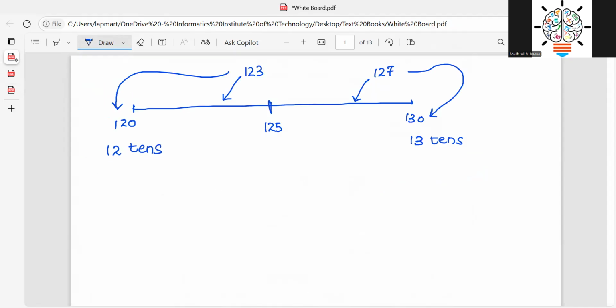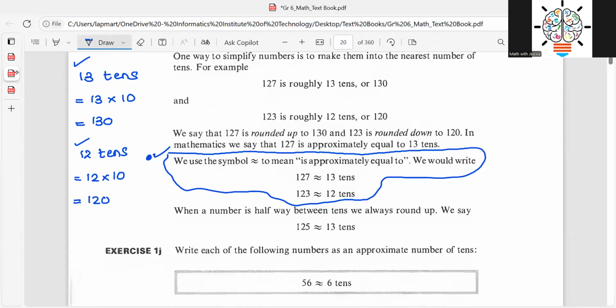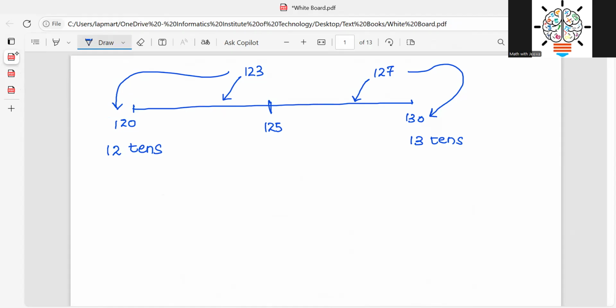After that, you want to draw the number line like this, 120 to 130. I have shown only that part, so this is an extraction of the number line. In the middle, I have 125. If I'm talking about 123, it is closer to 120 because it is less than 125.